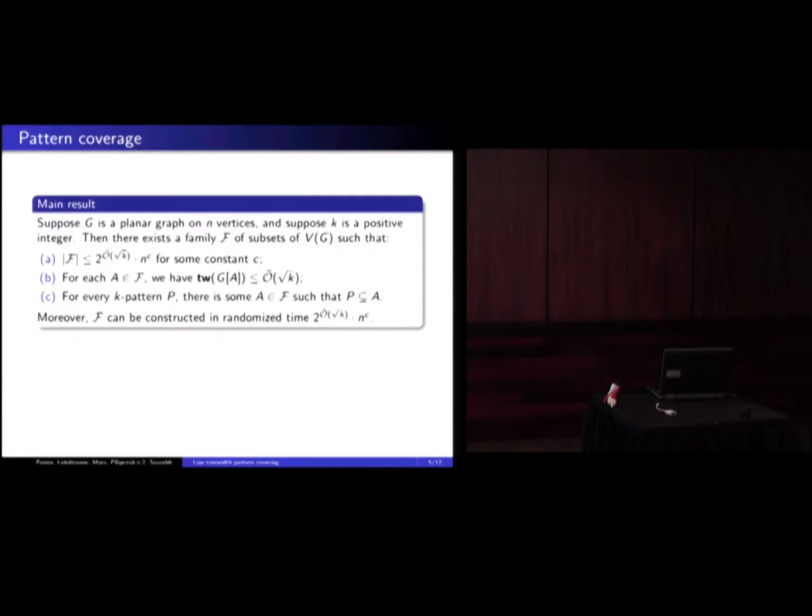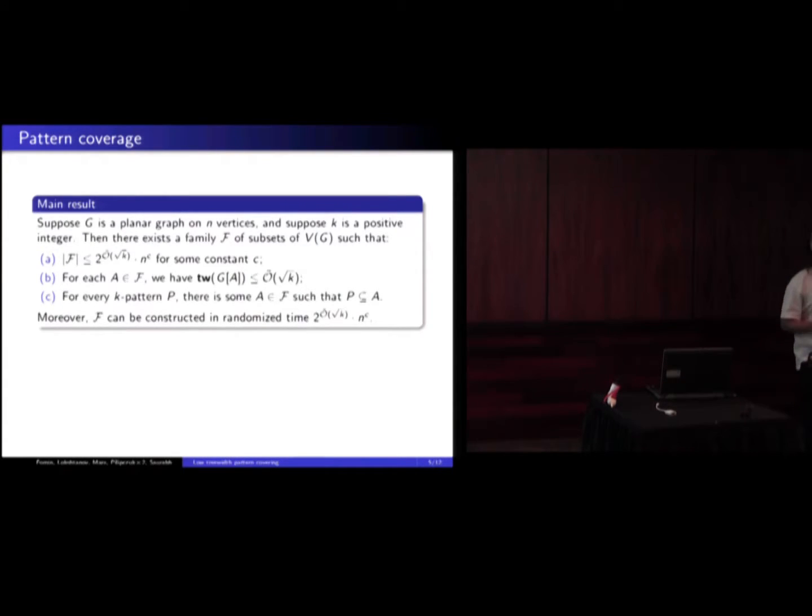And third and more importantly, wherever I have a k pattern hidden in my graph, I can find an element of my family that completely covers it. Yes? And moreover, this theorem is efficient in the sense that I can construct this family in randomized sub-exponential parameterized time. Yes, so a running time like this I will call sub-exponential parameterized. Yes? So note that even the existence of such a family is a non-trivial combinatorial fact.